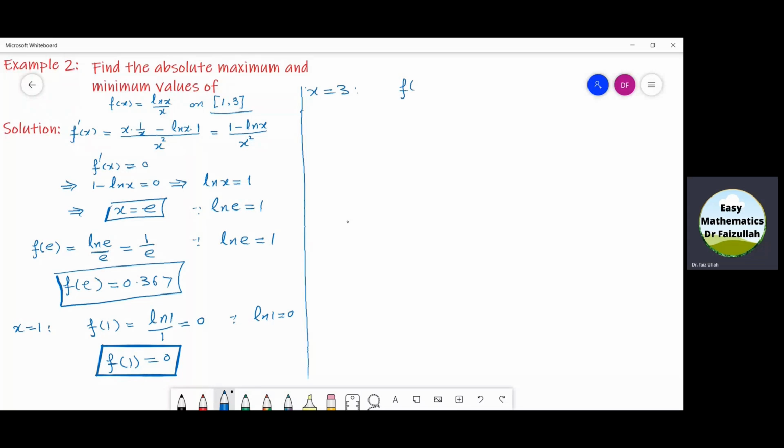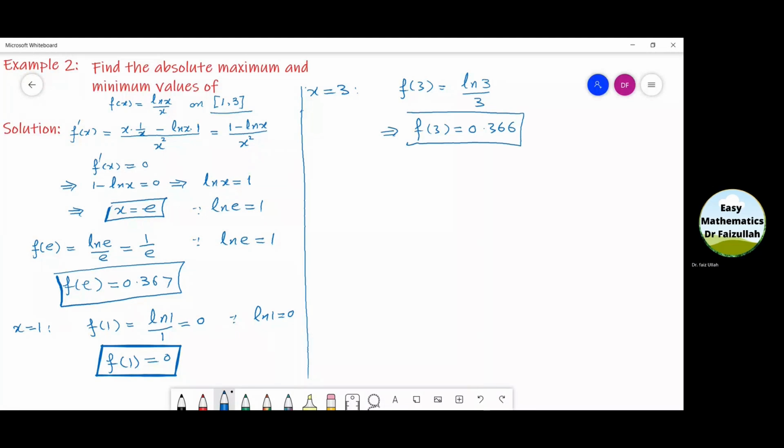So we have f of 3 is equal to ln 3 divided by 3. And if we use calculator, we have f of 3 is equal to 0.366.